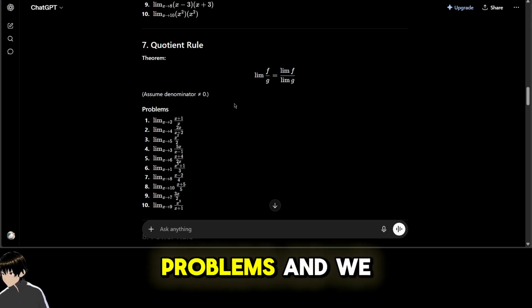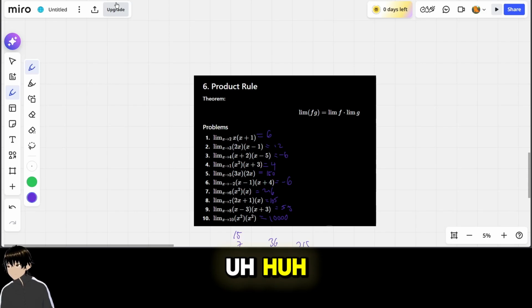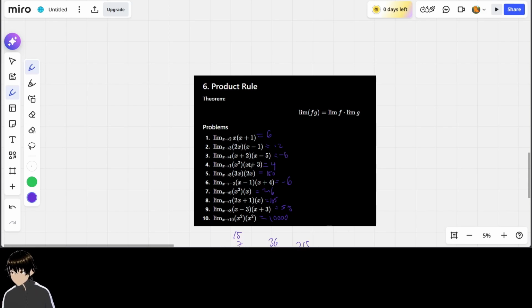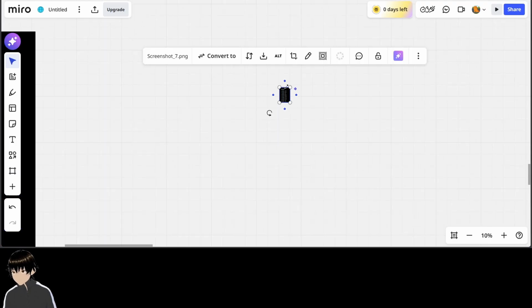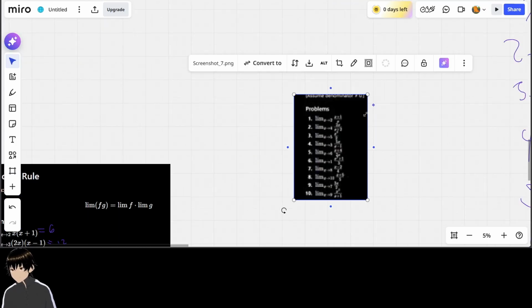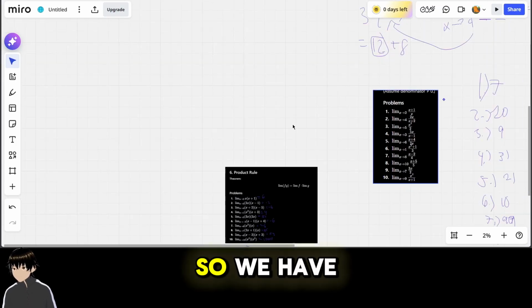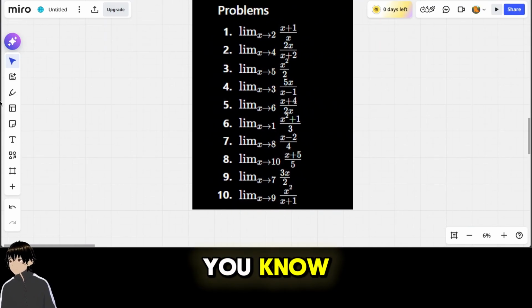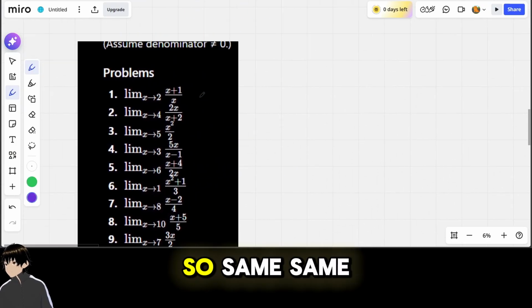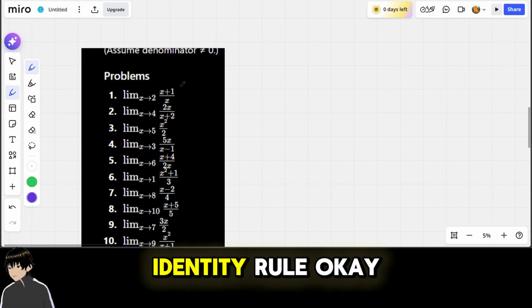We got the problems here. You basically just divide. So same thing. Variables, identity law, identity rule.